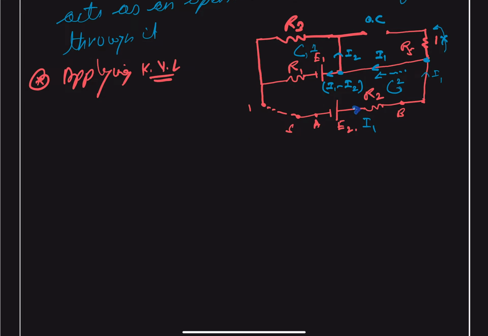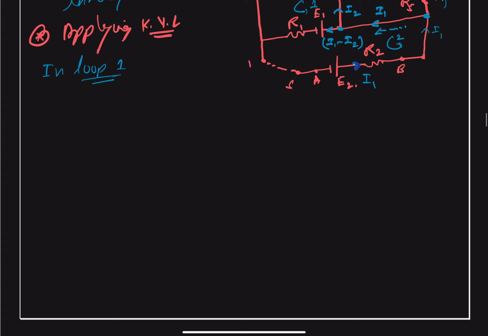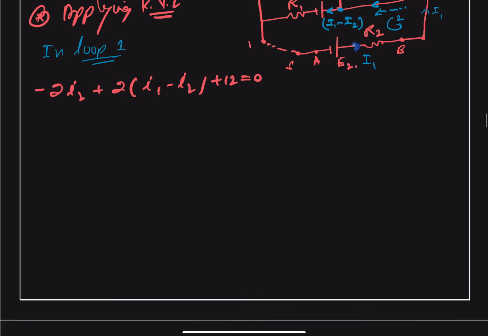in loop 1, we can write that minus 2I2 plus 2(I1 minus I2) plus 12 is equal to 0. For the simplification of this, we get one equation: I1 minus 2I2 is equal to minus 6.